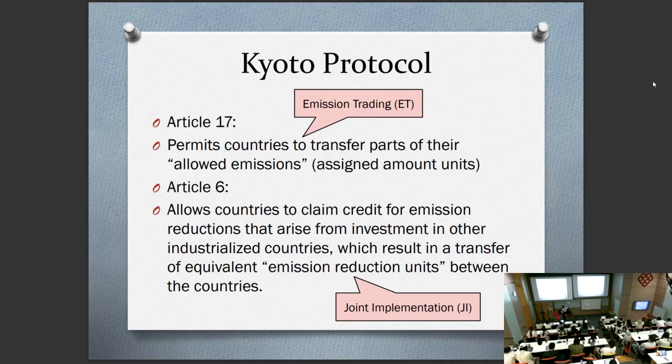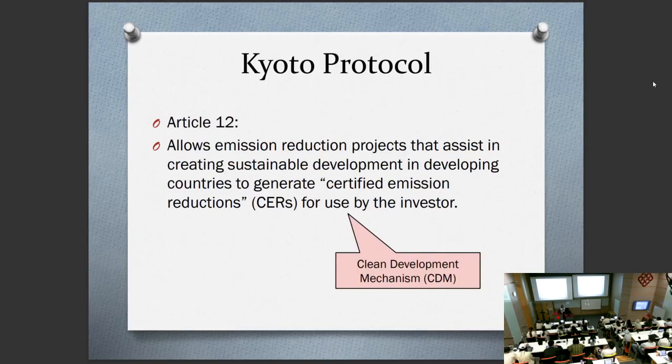Joint implementation is to allow countries to claim credit for emissions reduction that arise from investment in other industrialized countries, which result in a transfer of equivalent emission reduction units between the countries. And clean development mechanism is to allow emissions reduction projects that assist in creating sustainable development in developing countries to generate certified emissions reduction for use by the investor.